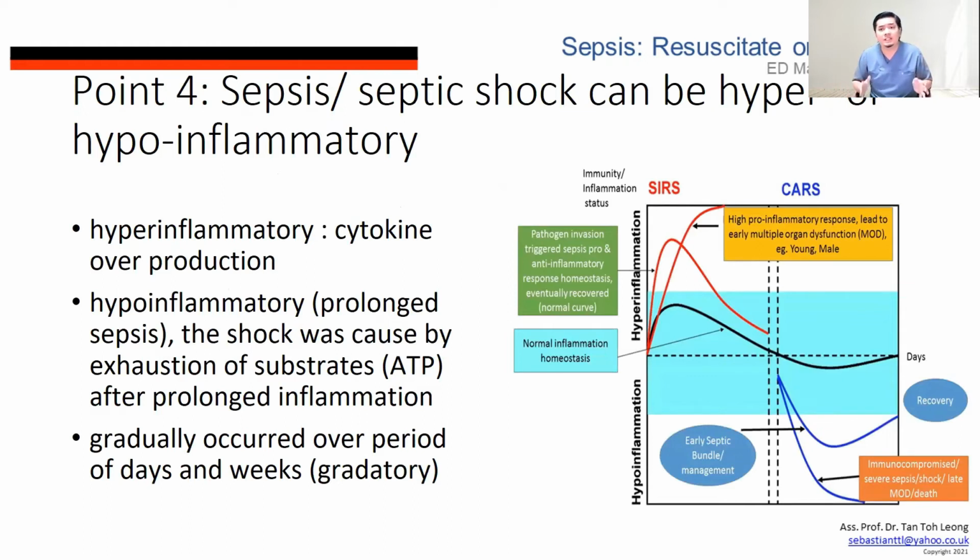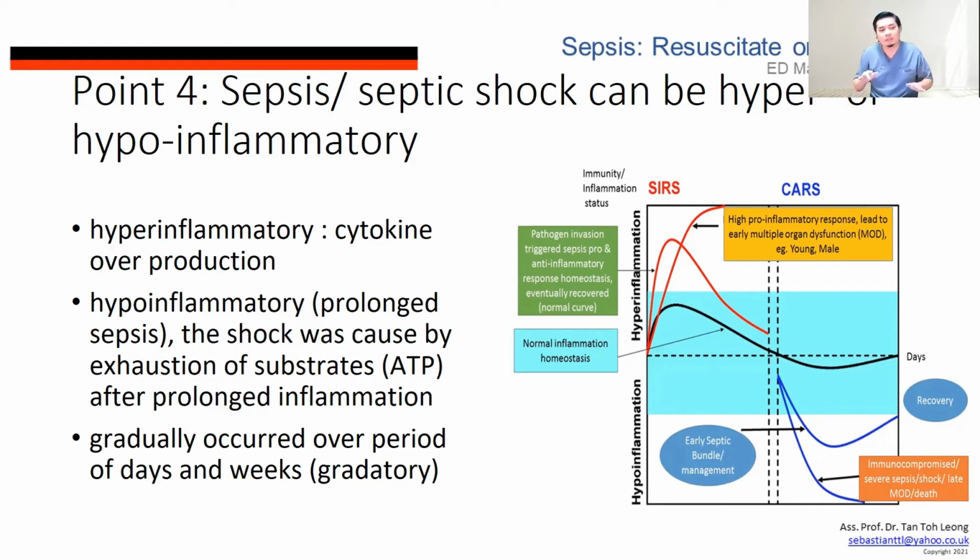Yeah. For point number 4, a patient with sepsis and septic shock can have hyper or hypoinflammation. Hyperinflammation usually comes in the early state. The patient has good reserve, then has a cytokine storm. The cytokines are overproduced and cause hyperinflammation. In a patient with prolonged sepsis, usually the patient will enter into the hypoinflammation state. I can call this a human inflammation hibernation state, or fatigue state.